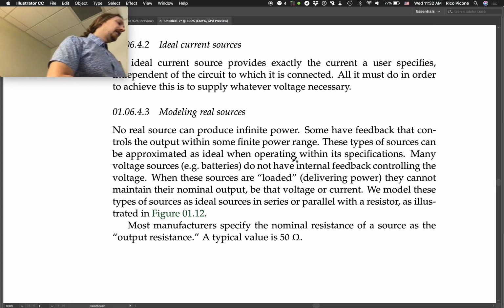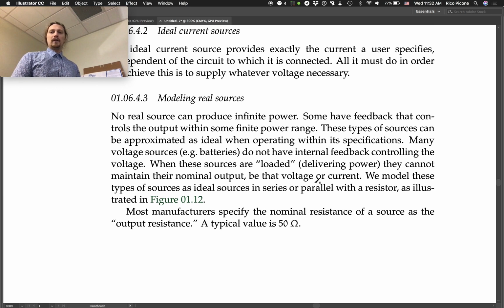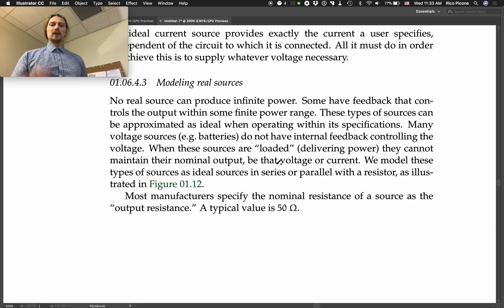And they are therefore best modeled in this sort of real source way. So if you have a regulated supply within the power range that it's spec'd for, you can treat it as an ideal source. If you're going to either leave that power range or you're going to have an unregulated source like a function generator, then you have to model it with this sort of real source model.